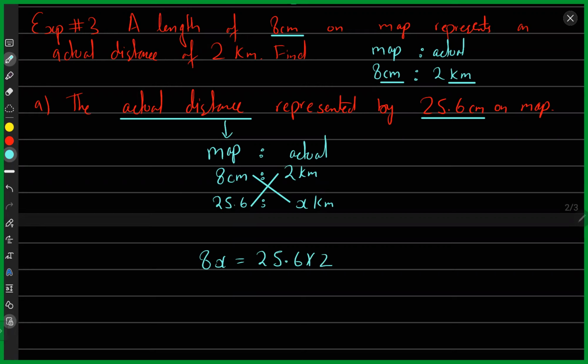You can do the multiplication, and x is going to be 25.6 multiplied by 2, which is 51.2, divided by 8, and that's 6.4 kilometers. Certainly this was supposed to be in kilometers because here they're talking about the actual distance.